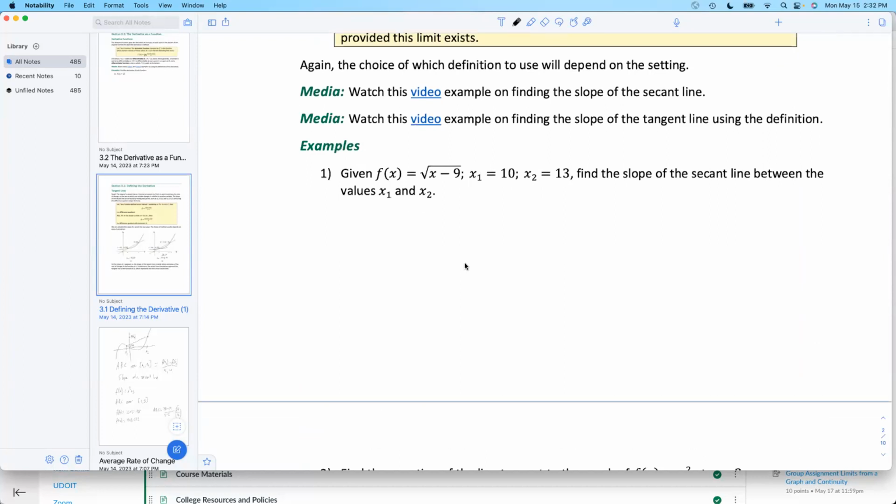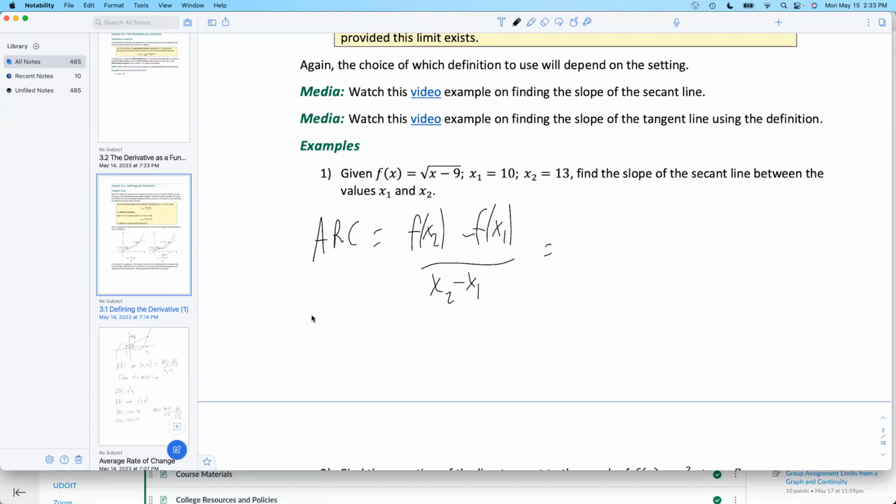Okay, so let's find the slope of a secant line here. That's an average rate of change. That would be change in y over change in x.